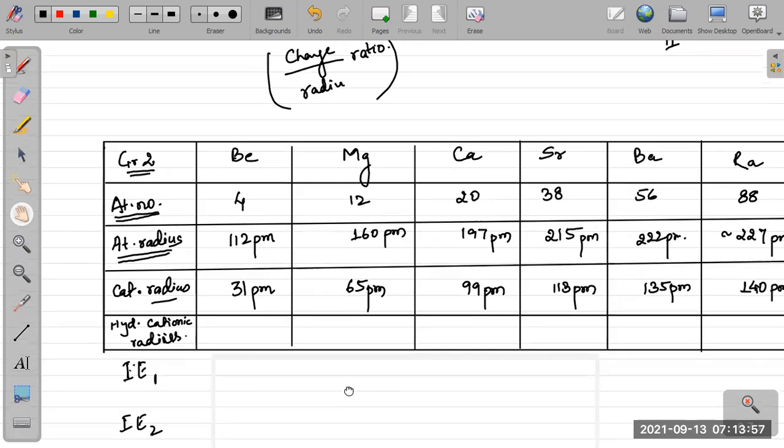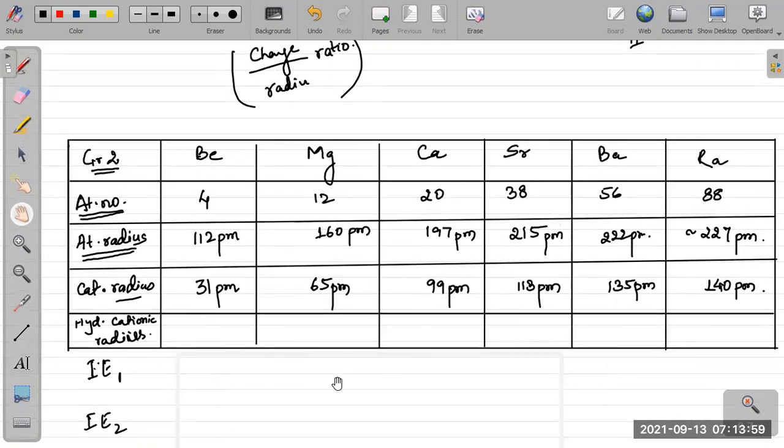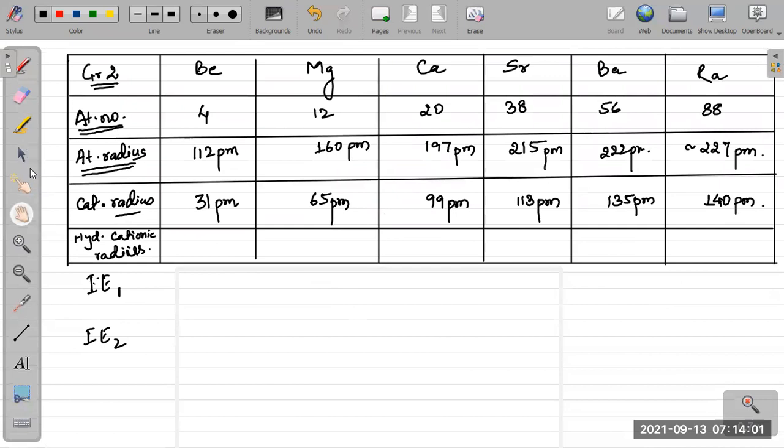I don't have that value as of now, but I'll definitely get it today and let you know.